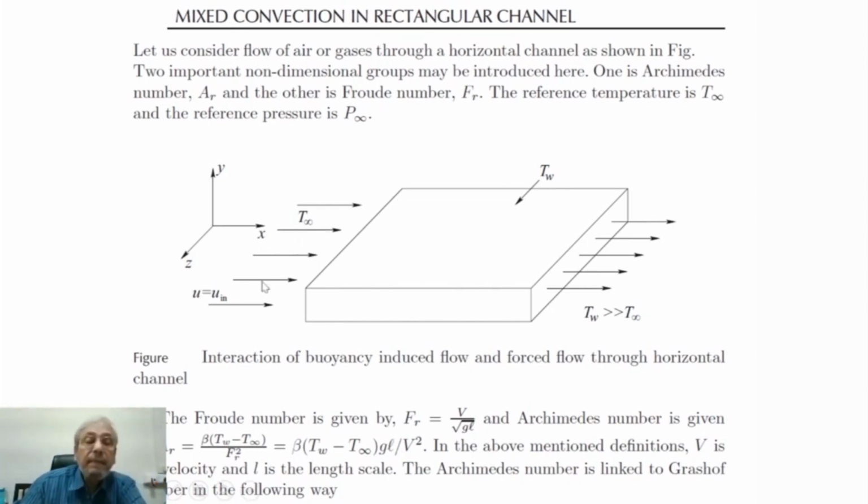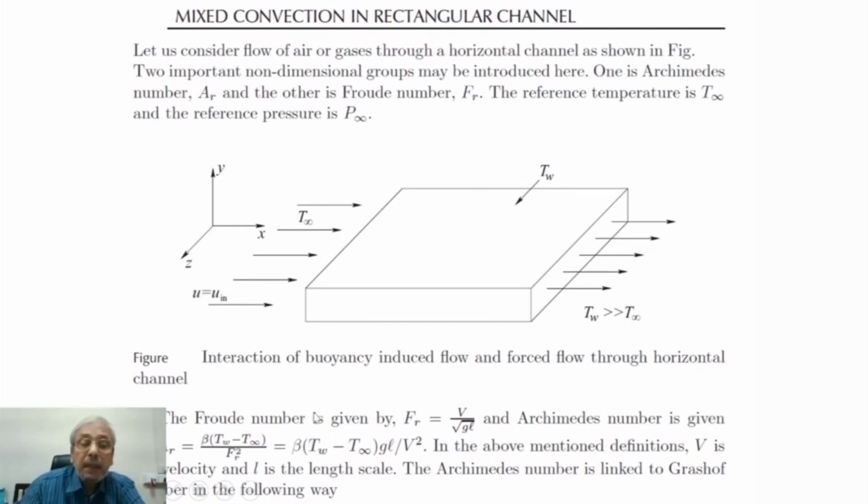So basically the fluid, before coming in contact with the heated surface, has temperature T infinity and reference pressure P infinity. And it is passing through a duct which is heated, and the top wall and the bottom wall are heated at a temperature Tw, and if Tw is much higher than T infinity, then obviously because of the high temperature gradient there will be natural convection together with forced convection.